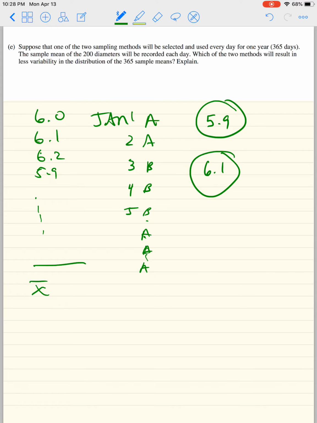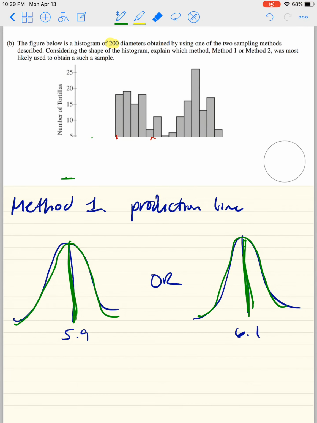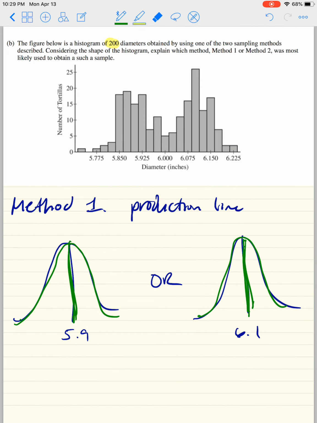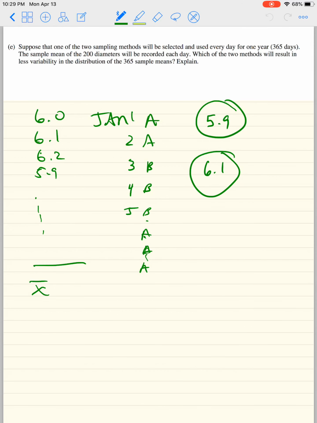With method 1, the sample means will be all very close to 6 inches, because in sample 1, which is this guy right here, this would be one single day. You're going to be getting some all over the place, and you're going to get closer to 6 inches.